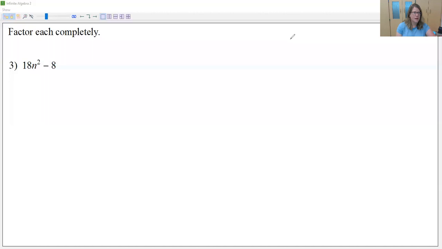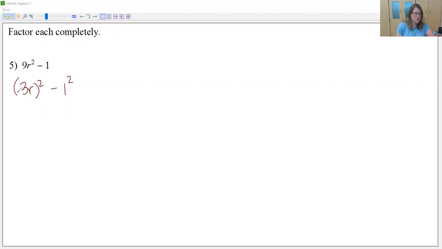All right, so I've got k squared minus 9, and we've already done one like that, so I'm going to skip that one. We've got 9r squared minus 1. Remember, 1 times 1 is 1, so 1 is a perfect square, and 9r squared is also a perfect square, it's 3r squared. So I can write this as 3r squared minus 1 squared.